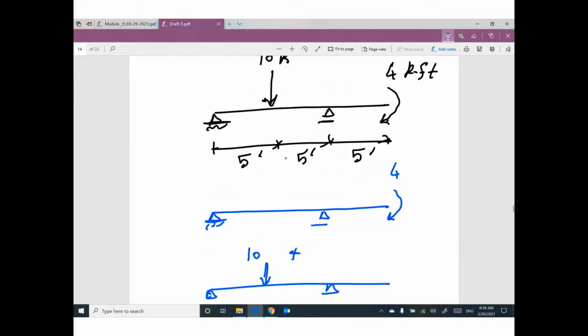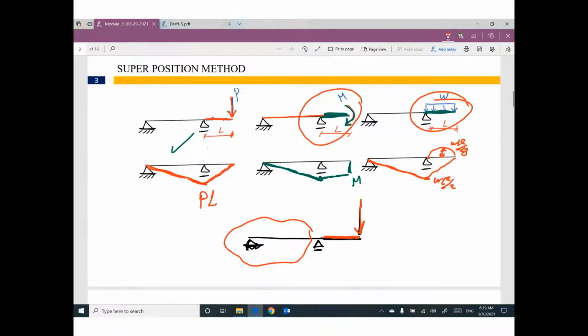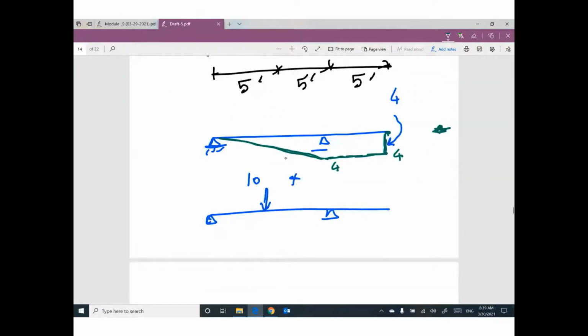Can you tell me what is the bending moment diagram for this case? Yes, I can. The value here will be negative 4, and will remain constant, 4. Then I will connect it to 0, like this case. Then we have a beam between hinge and roller, and we have a concentrated load.